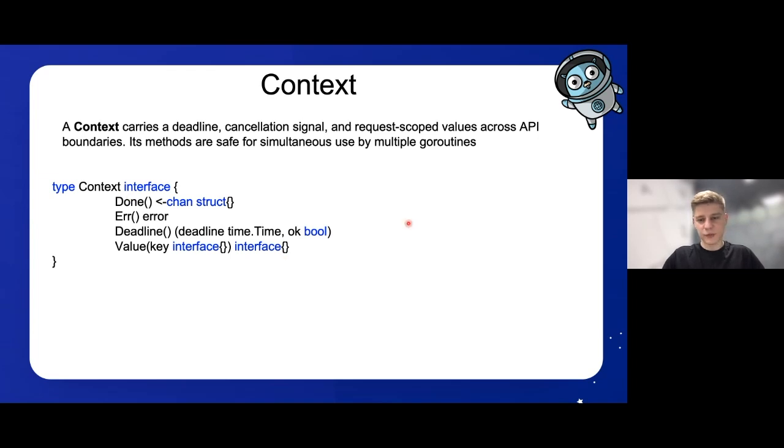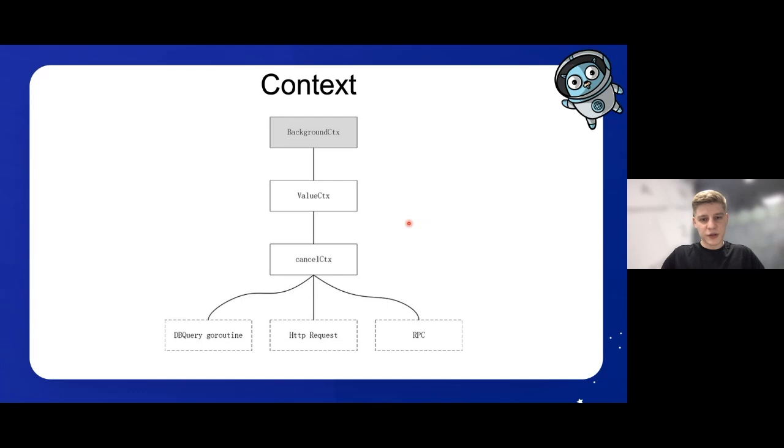Let's move into examples. And here we can see a high-level view of the context. So it has background, value, and cancel. It has 3 data structures.